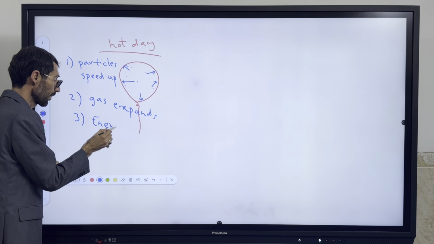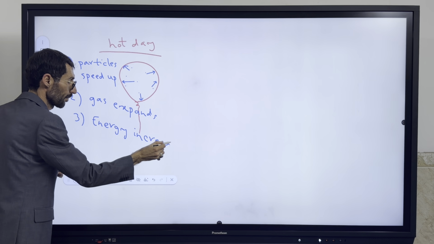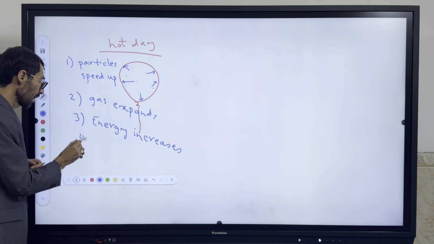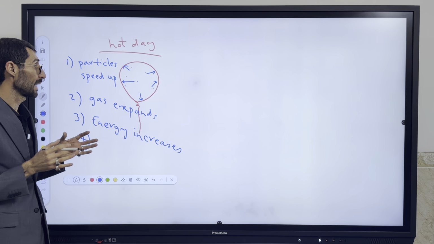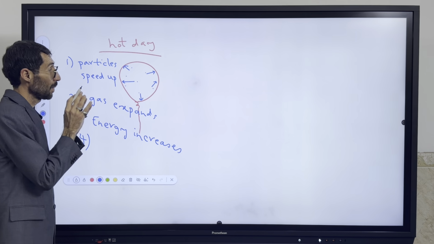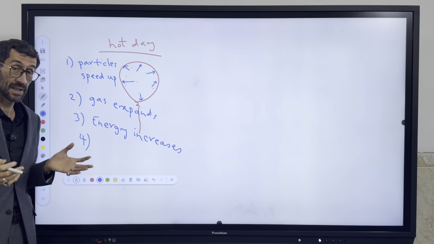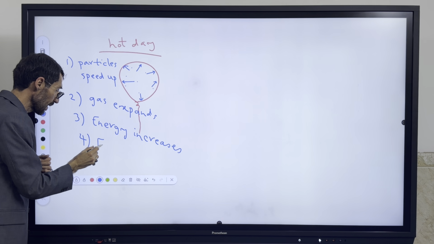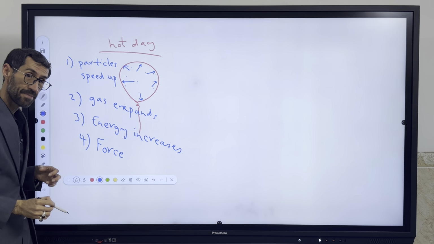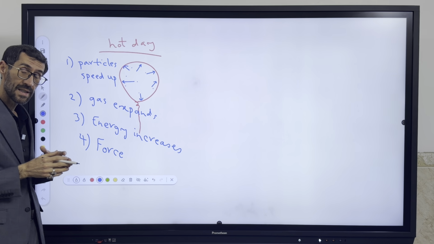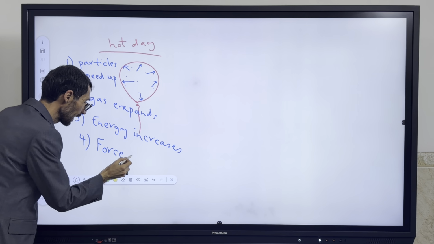Energy of the particles increases. Right. The fourth consequence, the force that pushes on the inner wall of the container increases. So they push on the inner wall with greater force, right? In all directions. The fourth consequence, I can say force of the particles increases, or more force is pushing on the inner wall of the container. Force increases.